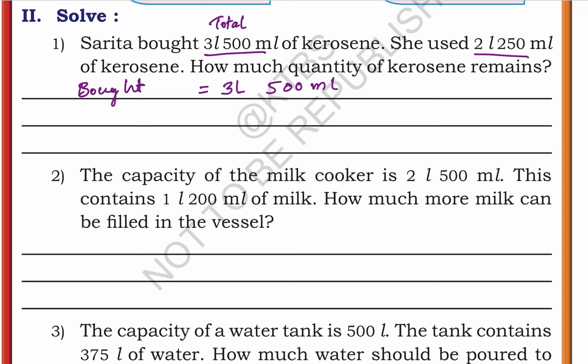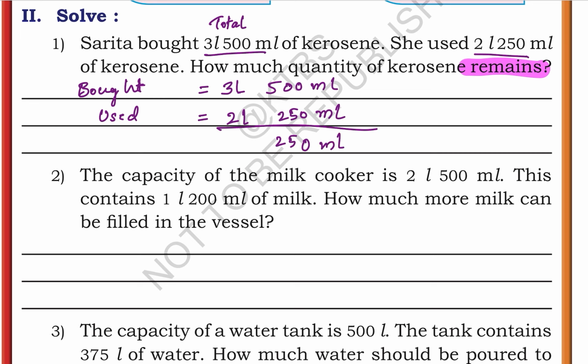The kerosene used is equal to 2 liter 250 milliliter. Now, how much quantity of kerosene remains? See the word remains. Then what you have to do? Subtract. 0 minus 0 is 0, 10 minus 5 is 5, 4 minus 2 is 2.